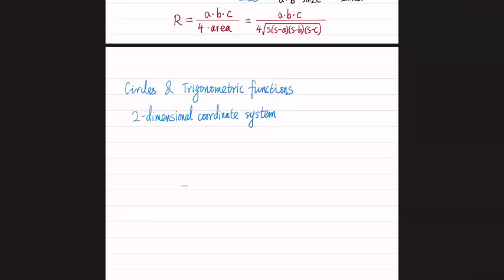Frequently, we will use this x-axis. We draw this, we call it the y-axis. We mark the intersection, we call it the origin. This is the x-axis. And this is the origin.